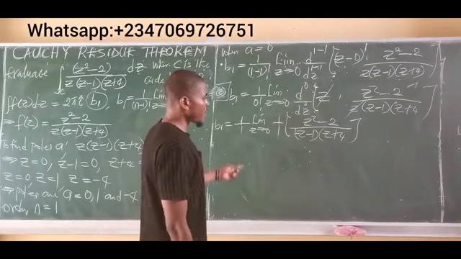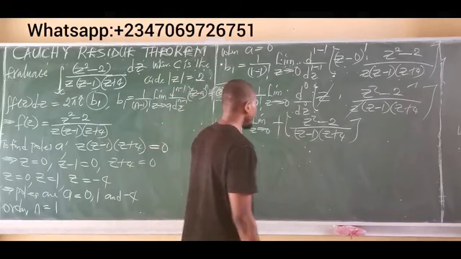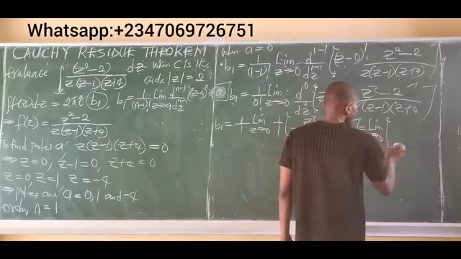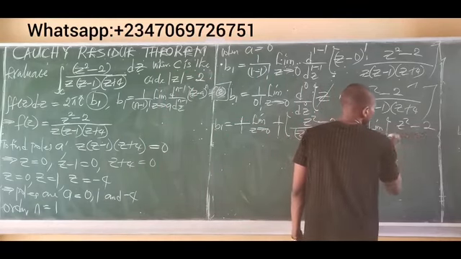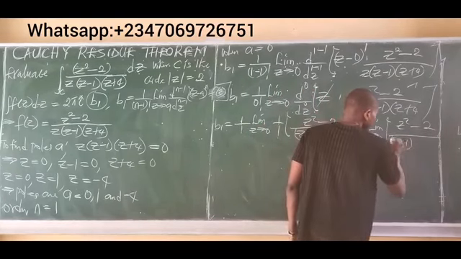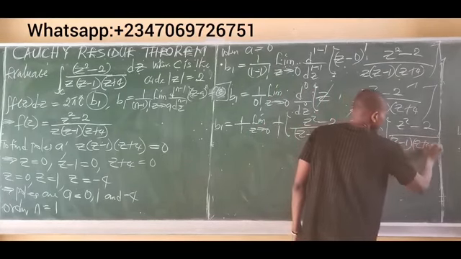Okay, so 1 over 1 is 1. Then this becomes the limit as z tends to 0 of (z squared minus 2) over (z minus 1)(z plus 4).